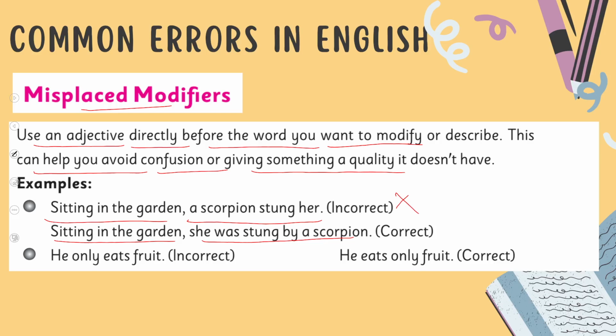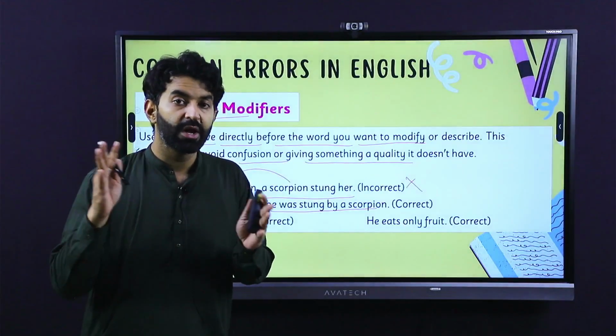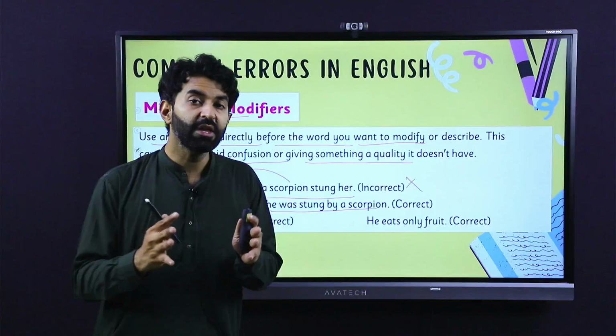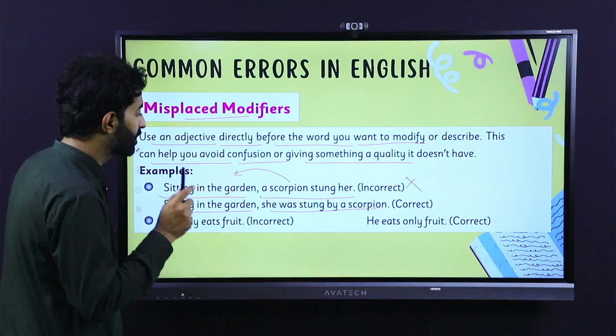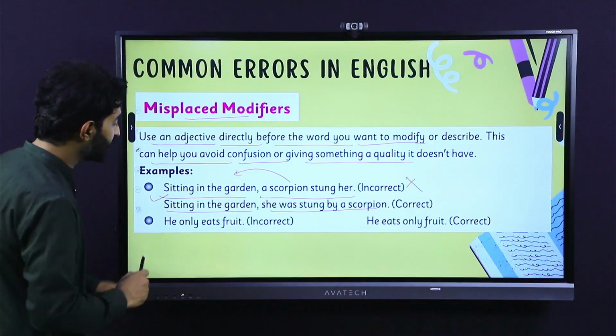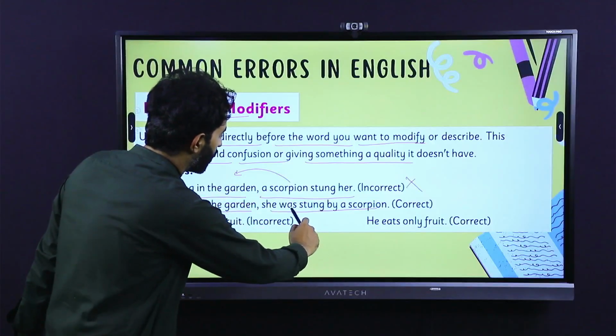Why did we change it? Because we don't know if the sentence is talking about sitting in the garden about the scorpion or about the girl who is being stung by the scorpion. So it is very confusing. So we need to place our modifier at the right place in order to sound correct. So sitting in the garden, she was stung by a scorpion.